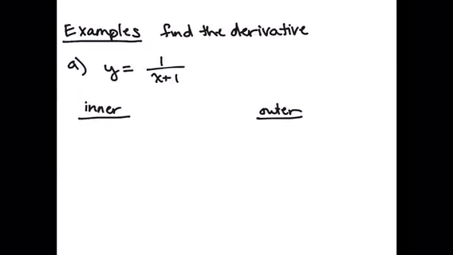So here we have the function y equals 1 over x plus 1. Now I could take the derivative using the quotient rule. However, if I rewrite this as x plus 1 to the negative 1, then I see it can be done using the chain rule where my inner function is x plus 1.